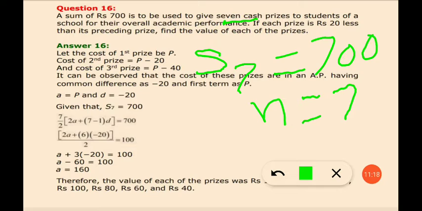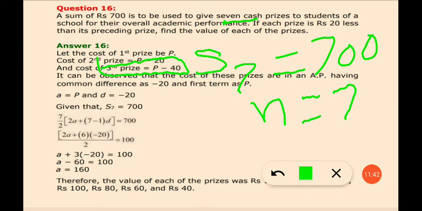Number of prizes is equal to 7. So the first term is not known to us. Let the first term, that is the cost of the first prize, be P. Then what will be the cost of the next prize? P minus 20. Then the third prize, P minus 40.